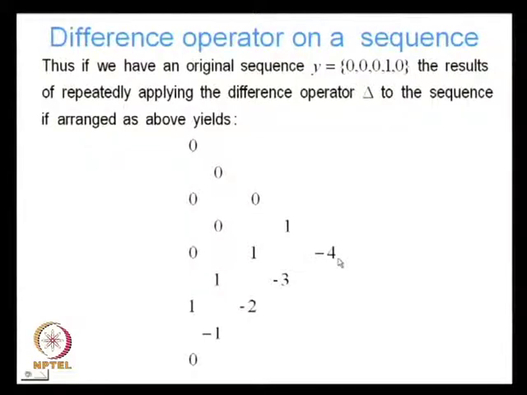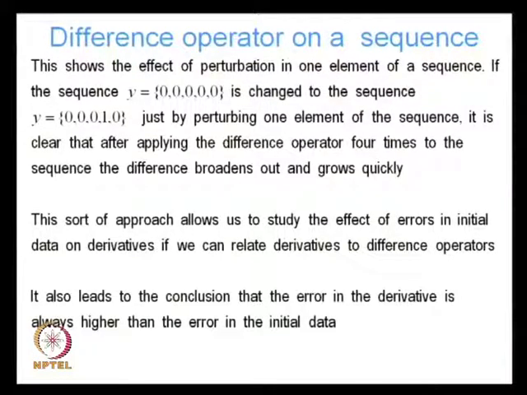That change of 1 in the fourth member of the sequence has now become minus 4. So this shows the effect of perturbation in one element on the sequence: it changed by just one element, then after the difference operator it has grown 4 times.